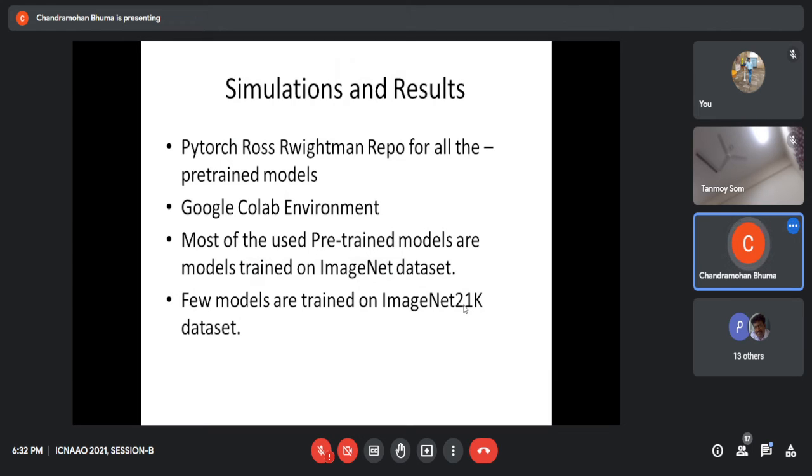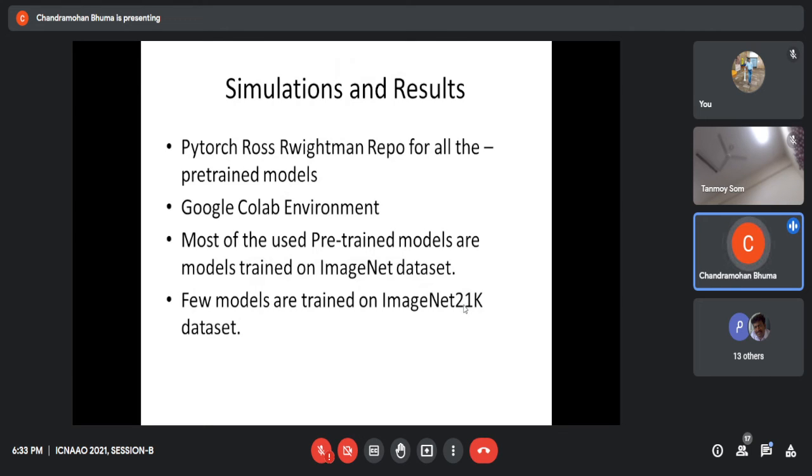So Google has a free Colab environment in which we can do a lot of machine learning and deep learning models, classification, regression, and others. Most of the pre-trained models that I have used here are models trained on the ImageNet dataset. ImageNet has 12 million images on which the convolutional neural networks are trained.